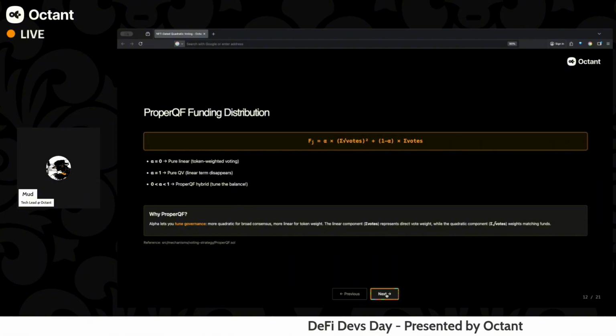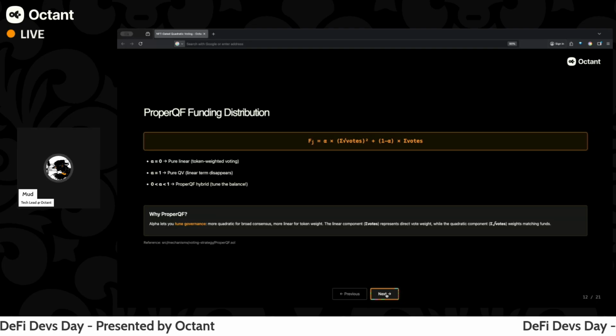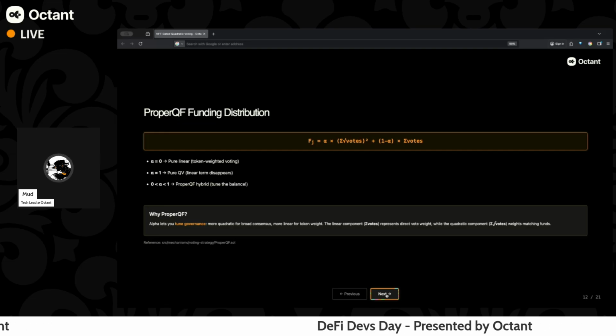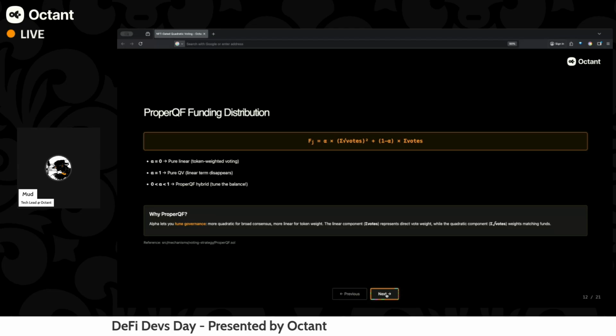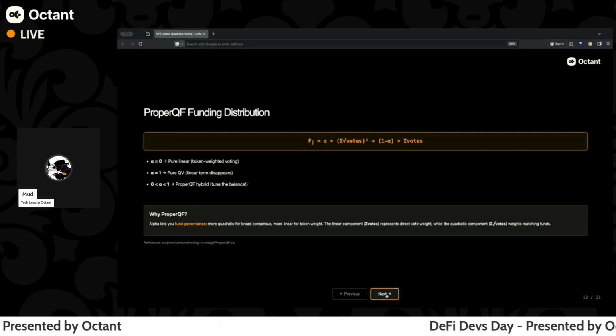And this makes the linear term disappear and now makes the funding amounts proportional to this quadratic function that we talked about. And if you had a fixed matching pool and you wanted people to pay for their votes, you would set alpha between 0 and 1, depending on how many matching funds you have. And this is what people call QF. So there's a lot of mysticism and moon math about how it should be implemented.